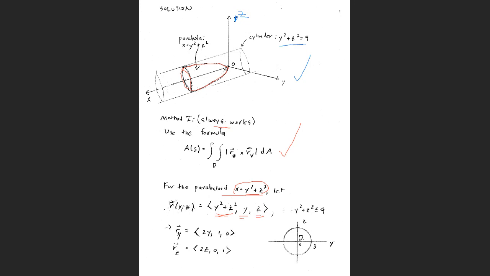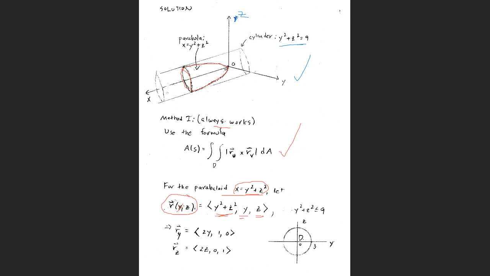So this parameterization, R, is a vector function of parameters y and z.